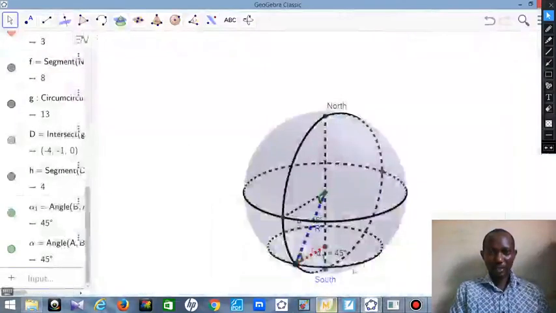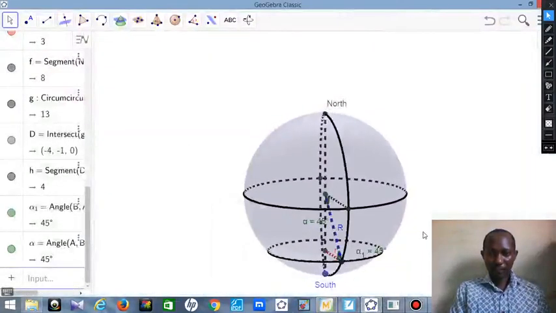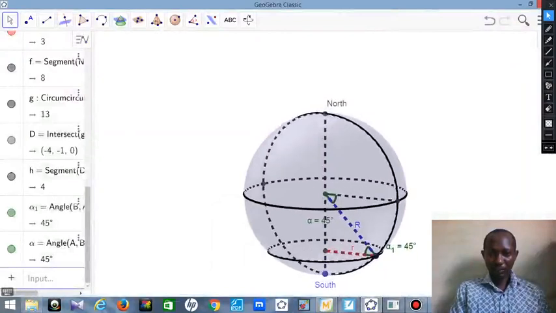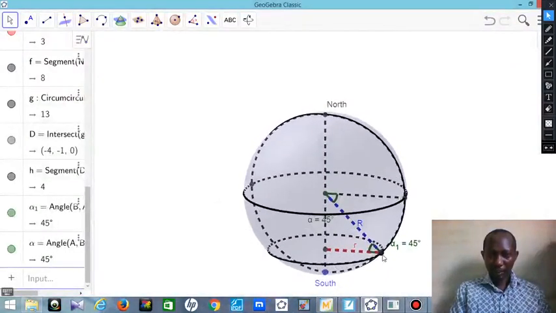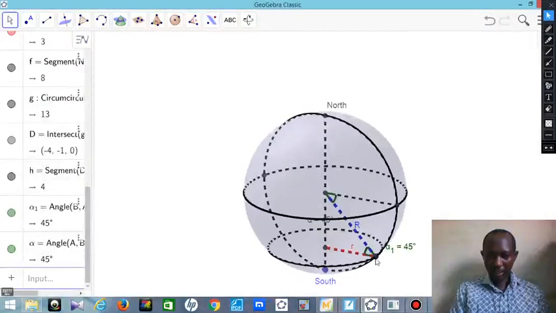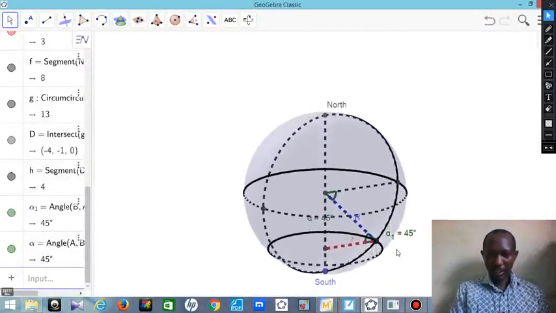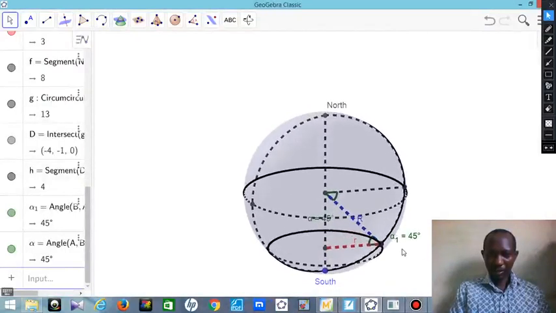Let's take this point as the point M. Let me turn it so that you can see it well. See, this is the angle 45 degrees. From the center, it turns 45 degrees south. So this point here is the point M.